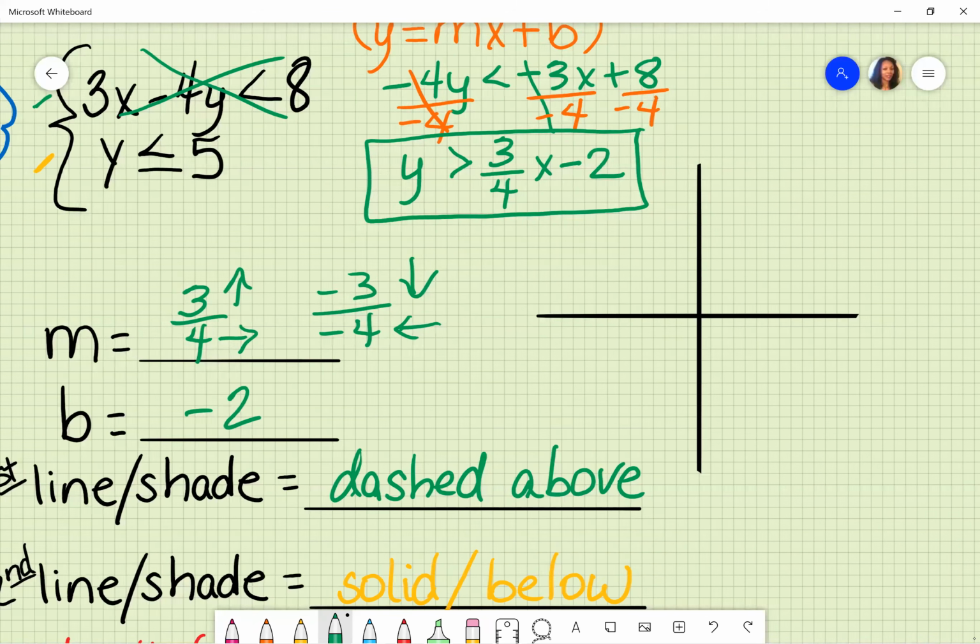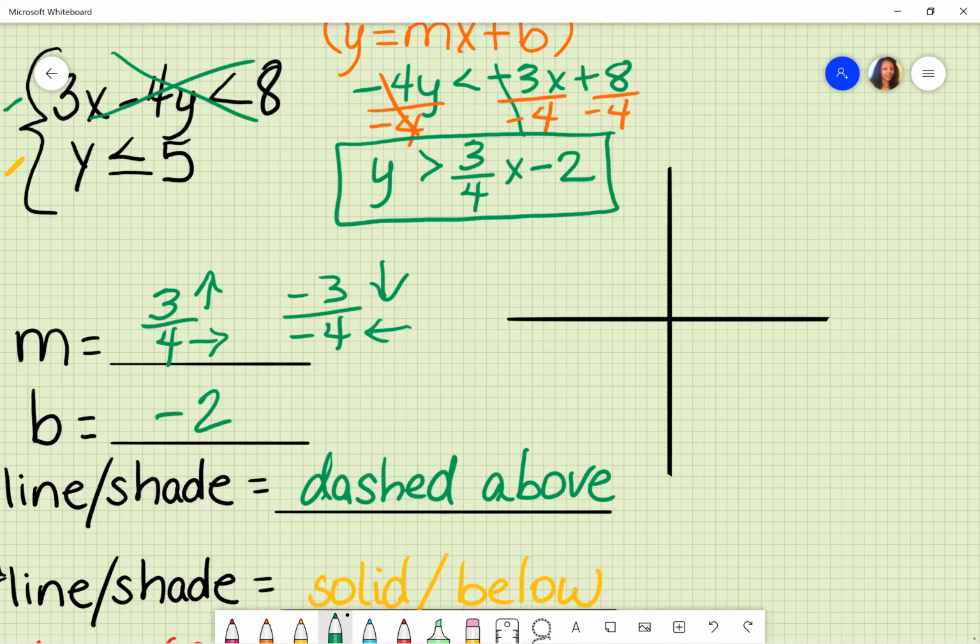Going back to my first inequality, if I go to my y-axis, I'm going to look for negative 2. There's my y-intercept. I'm going to go up 3 and then to the right 4. Make sure you're including that origin when you're counting. And then I'm going to go back to my y-intercept, go down 3 and to the left 4.